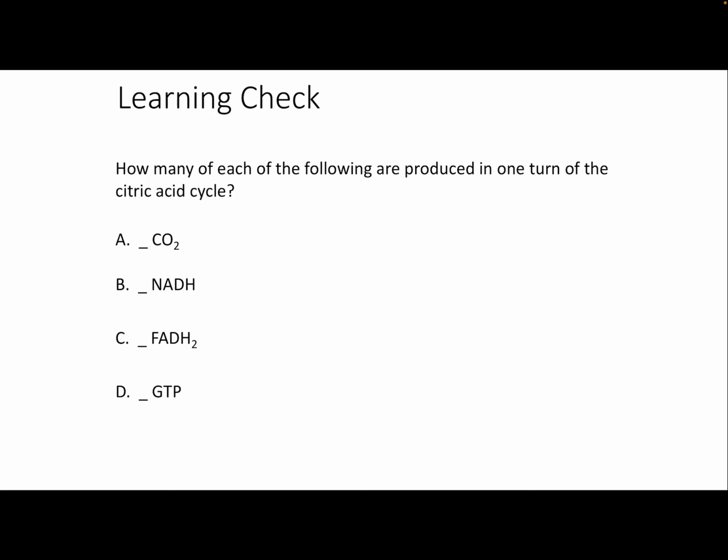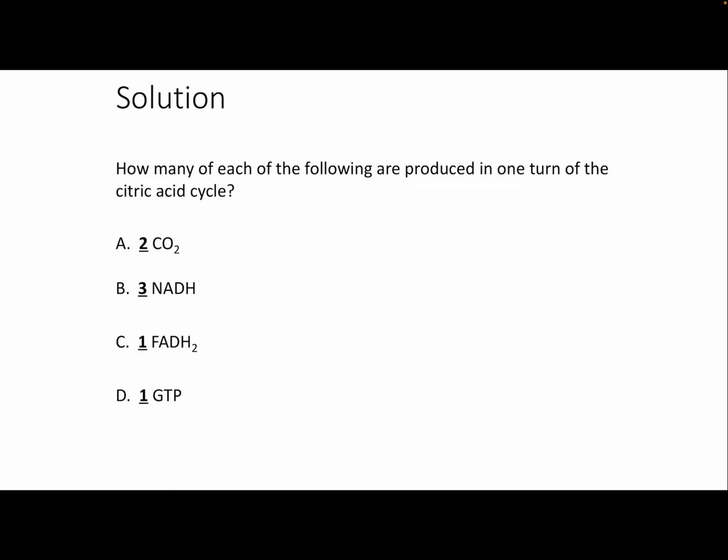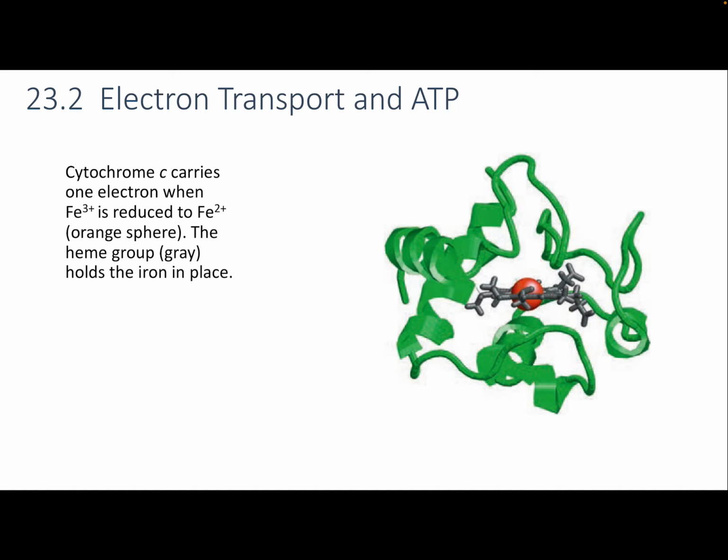So give it a pause, fill it out. So hopefully you said 2, 3, 1, and 1. Later, like I said, we're going to have to keep track of how many are produced during glycolysis as well, but that's for a later question.